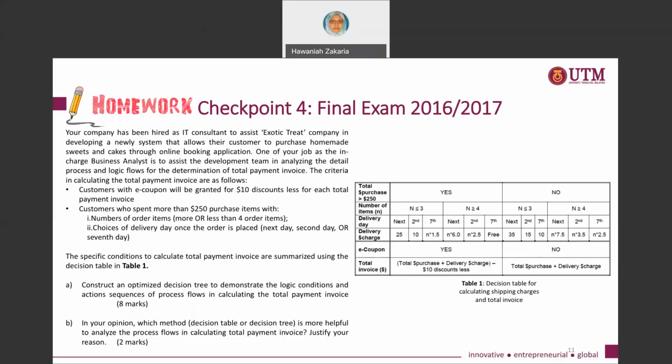Question A: you are to construct and optimize a decision tree to demonstrate the logic conditions and action sequence of the process flow in calculating the total payment. So this is an example of a process specification question asked in exams. Try it out and check your answer with your lecturer. Thank you very much.